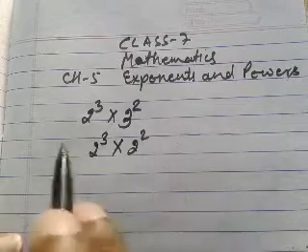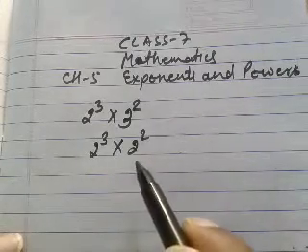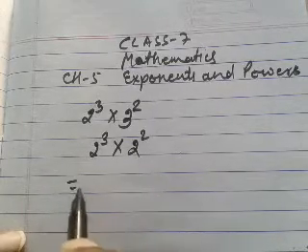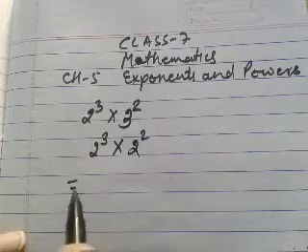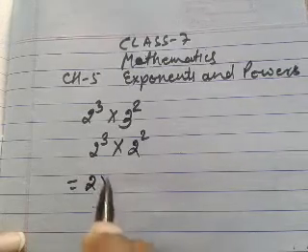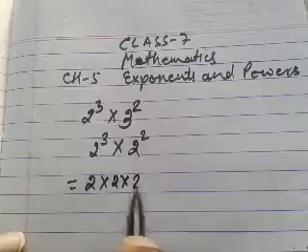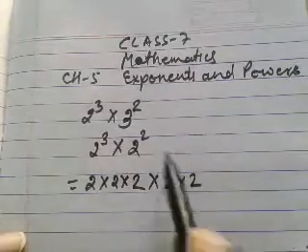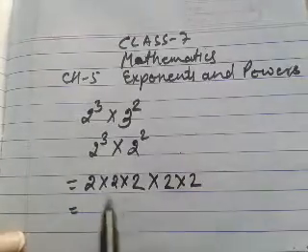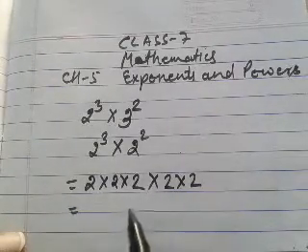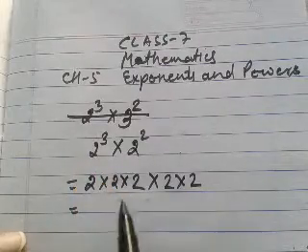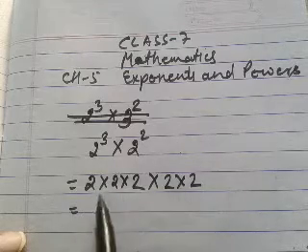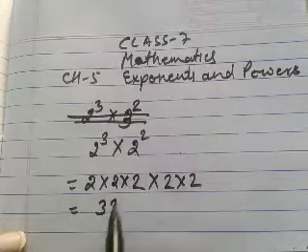According to the previous class, we can evaluate this question by first writing this number in this way and then writing 2 five times. After solving, if you multiply 2 five times we get 32.